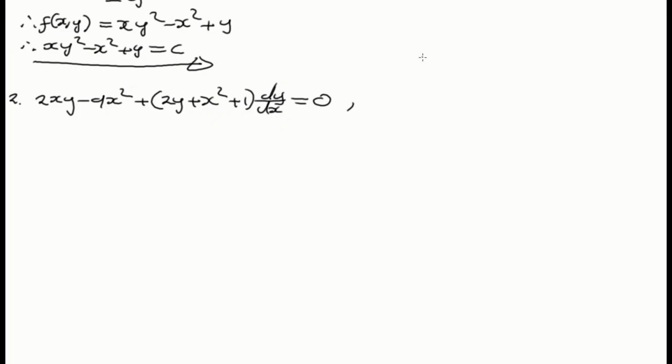The same, there's a condition here. Yeah, they have a condition. It's y(0) equals minus 3.